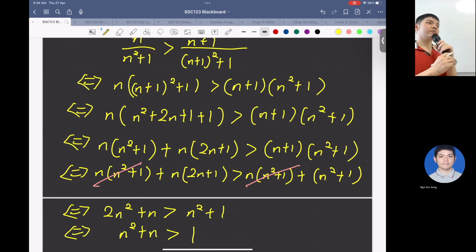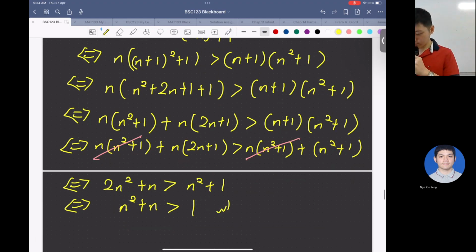Okay, is this true? Why? Okay, good. Because n is greater than 1, n squared plus n is always greater than 1, which is true since n is greater than 1.